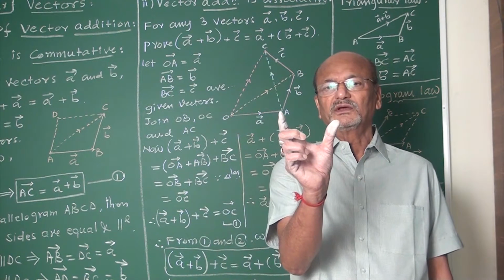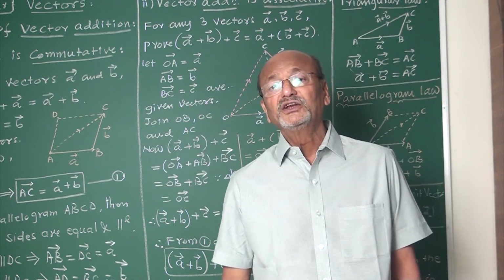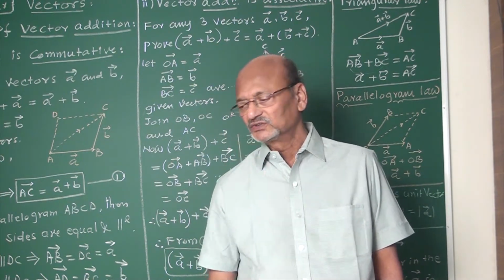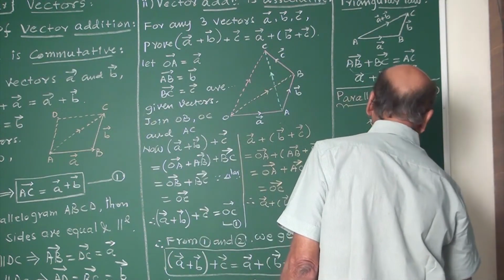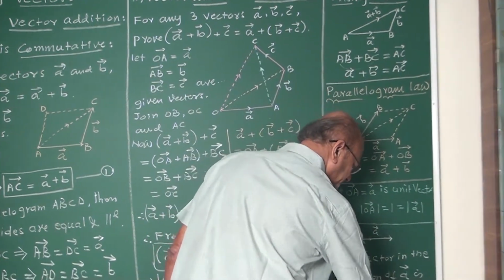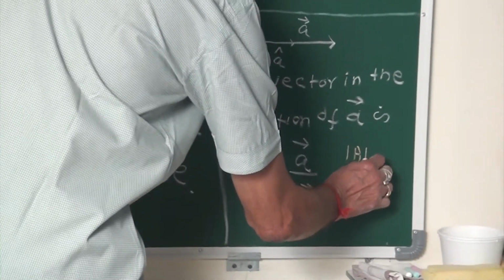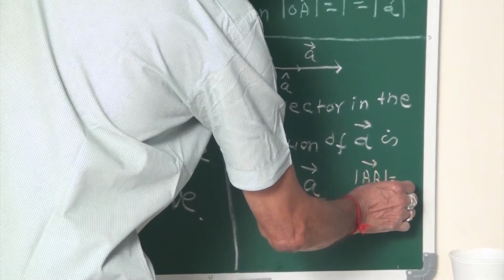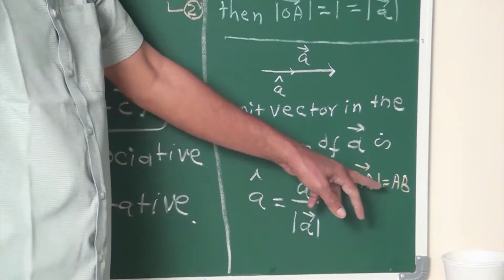The length of that line segment AB is called the magnitude of the vector AB, and is written as, I write here, magnitude of AB is written as modulus of AB, which is nothing but the length of the vector AB, or the length of the line segment.